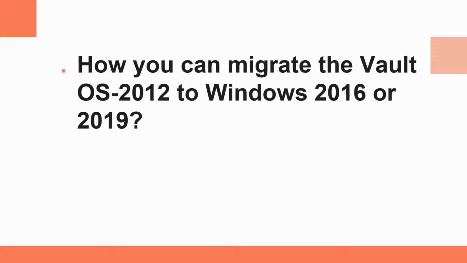Any idea how you can migrate the complete Vault? On your Vault server you have all the data, and you can't just copy and paste it onto your new server.